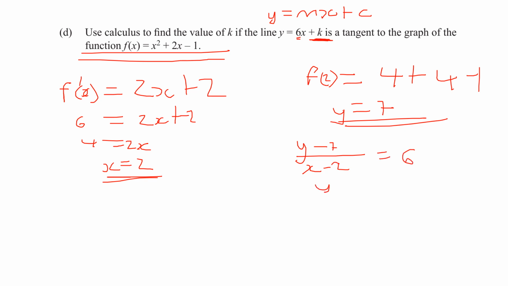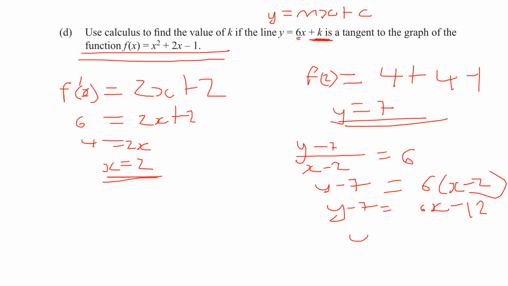So y minus 7 is equal to 6 multiplied by x minus 2, right? So y minus 7 is equal to 6x minus 12, so y is equal to 6x minus 12 plus 7.